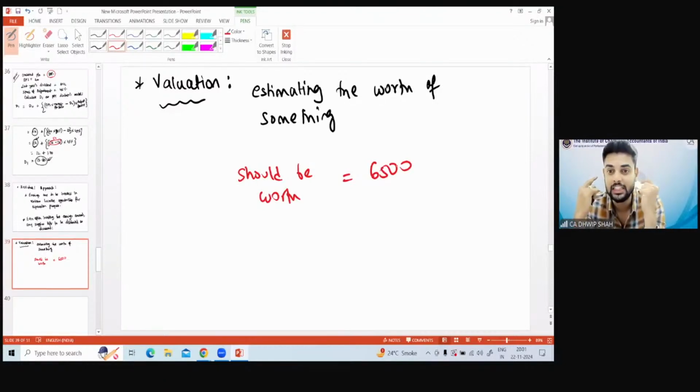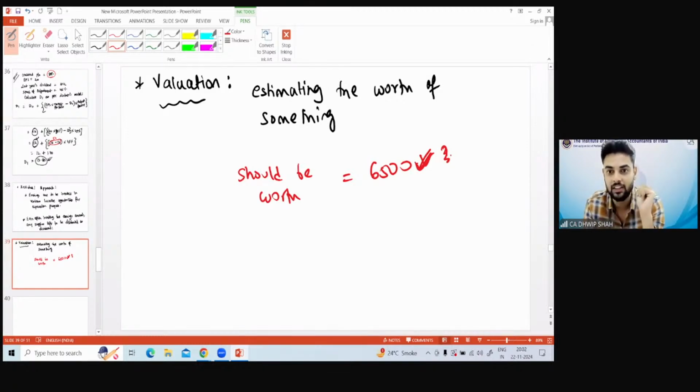Your brain did some calculation within a fraction of a second. You would have seen the brand, the color, the design, everything, and based on that your brain decided this price. Yes or no? 6,500. Correct.